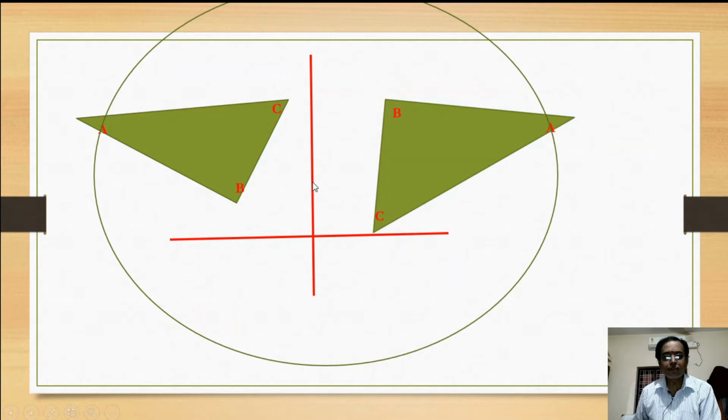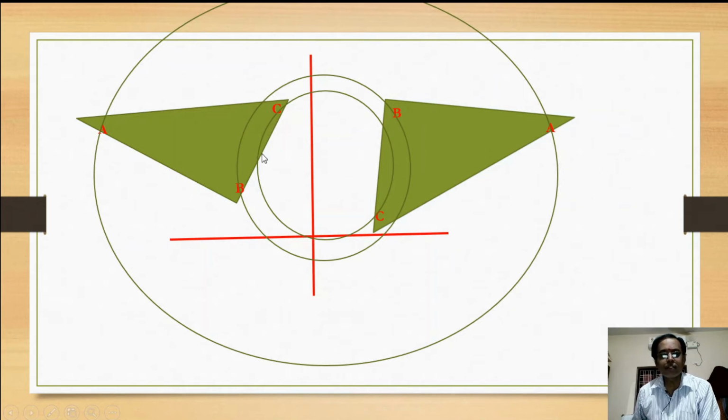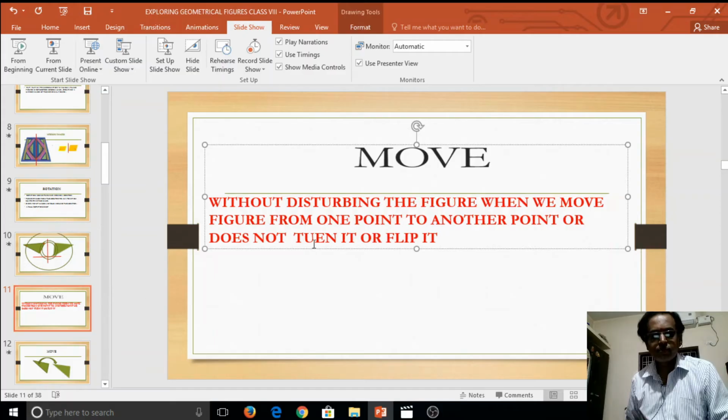If you draw a circle using a compass, the circle must pass through these vertices, A, and again through B and again through C. Here the center must be at the same distance from the given points. Here A, B and C are at the same distance from the center. Like this we can.